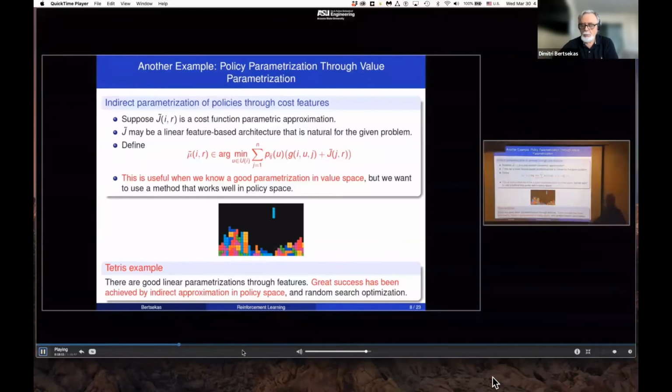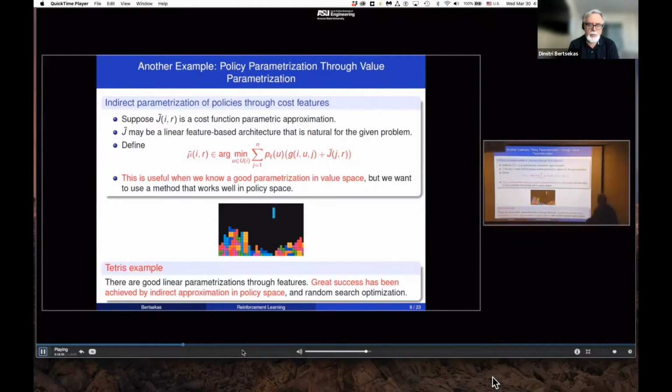There are good features for cost parametrization that Tetris players recognize, like the height of these columns, the relative difference of the heights of adjacent columns, the number of holes in the wall, the maximum height of the wall, and so on. There may be some others too, but there's a relatively small number, like 20, 30 in that range, and these work well, and there's a good parameterization with respect to that.